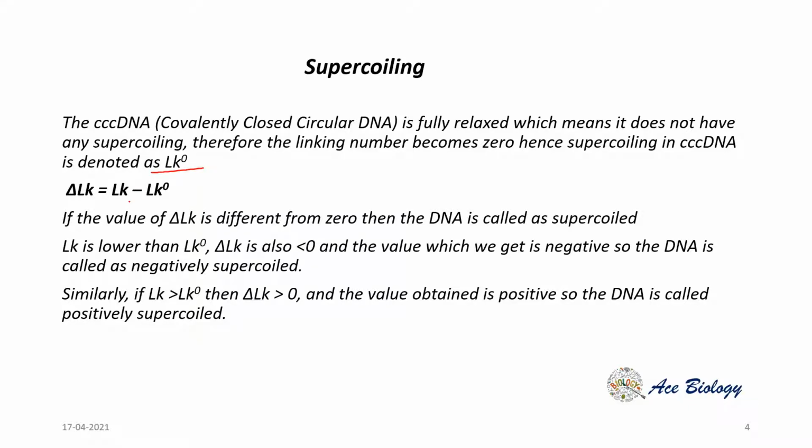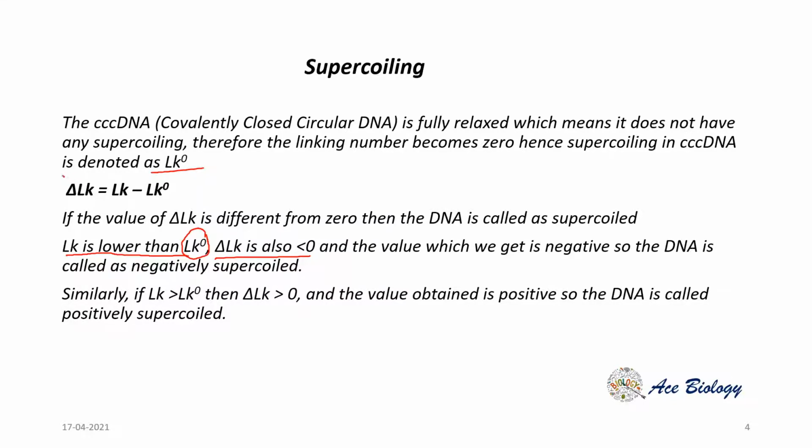Now, if there is any change in the linking number, it will give rise to supercoiling. Supercoiling can be either negative or positive. If the new linking number, introduced due to the turns and twists, is lower than the linking number in the relaxed state, then the delta linking number will be less than 0.